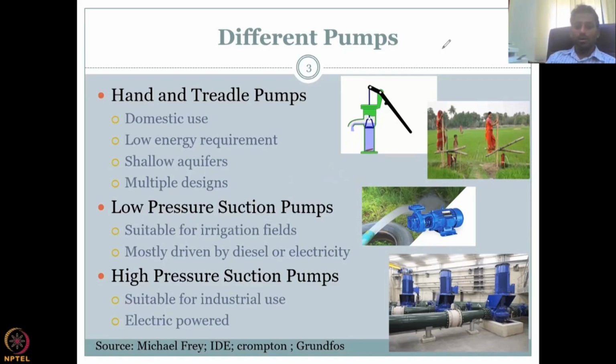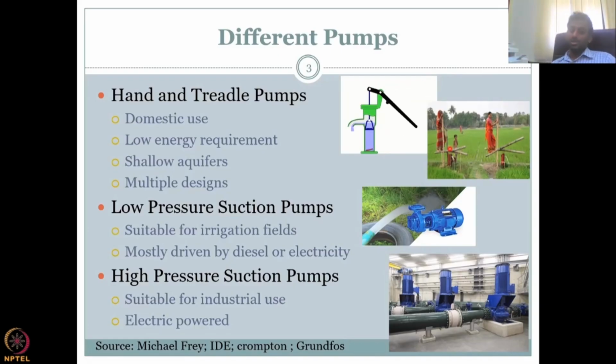Okay, the next one you would see today is the treadle pump, which is also very common in shallow aquifers. How it works is that you pedal it. Instead of pushing by hand, you pedal up and down, and the lever goes in and pulls the water up, goes down, pulls it up, goes down. It's a similar fashion, but instead of pushing by hand, you push with your legs. You have to walk up and down.